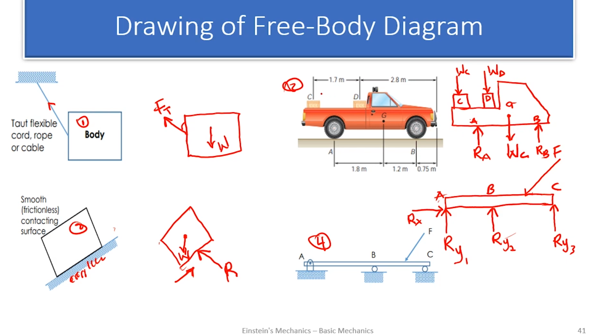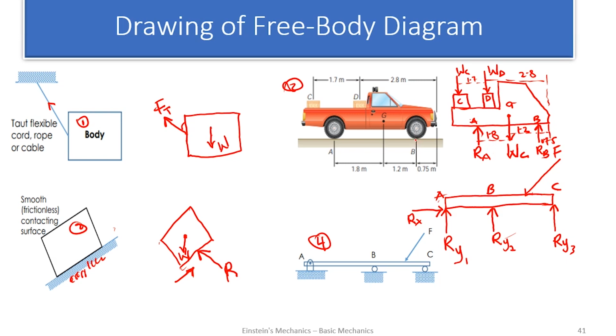If their dimensions were given, say the dimension between C and the end of the car is 1.7 meters, another is 2.8, between B and this place is 0.75, between that 1.2, and between this is 1.8, you indicate the dimensions. These dimensions will help you to find the moment.